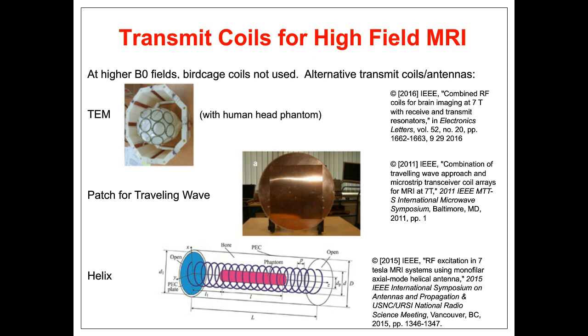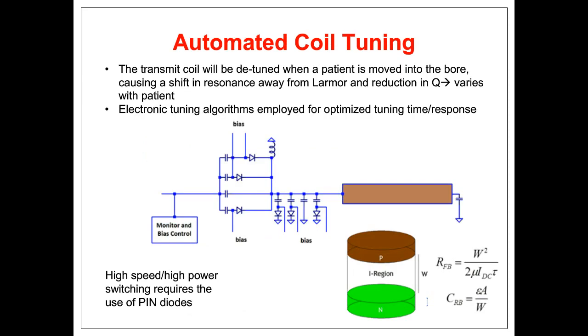So there's a lot of work being done right now in these transmit coils or transmit antennas for high field MRI, and that's usually defined as 7 Tesla, 298 megahertz and above. We still have, however, to tune and match these structures, because remember, the PA is connecting to them. It wants to see a 50 ohm match.